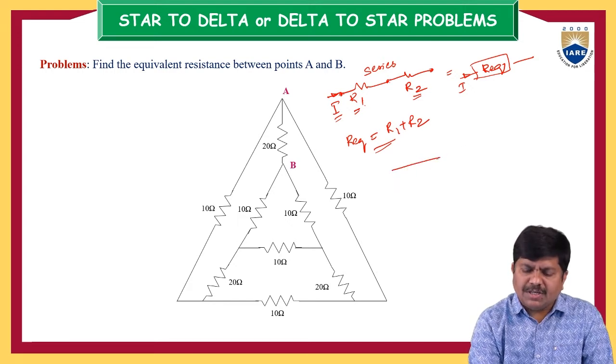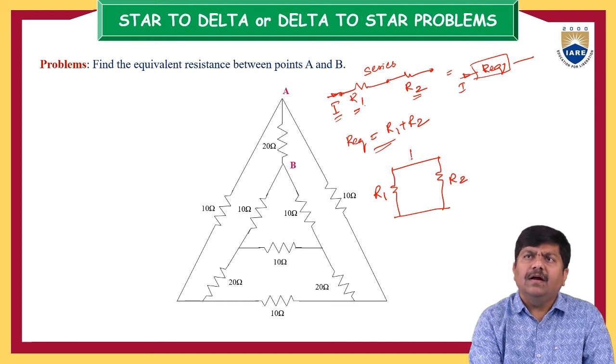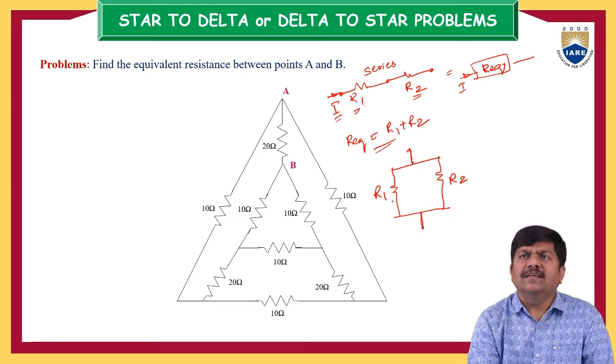Coming to the parallel connection. Suppose the resistances are connected like this. This is the R1 value and this is the R2 value. Somewhere in an electrical circuit, we might come across this type of configuration.